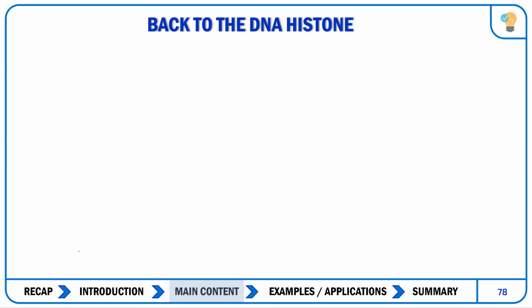Now we want to just take all of that knowledge and combine all of it to wrapping DNA around a histone. So we're back to the DNA histone, and let's quickly draw a diagram of what we expect to see happening. So I have my histone here in orange.